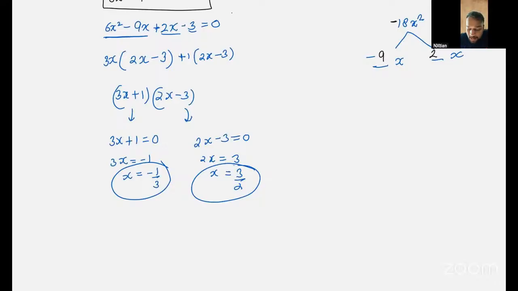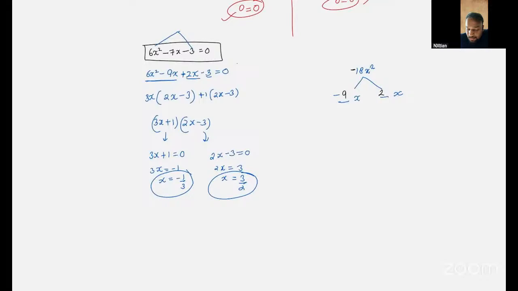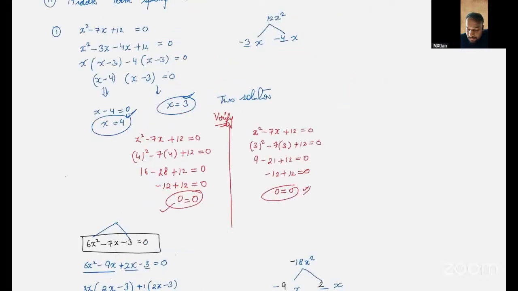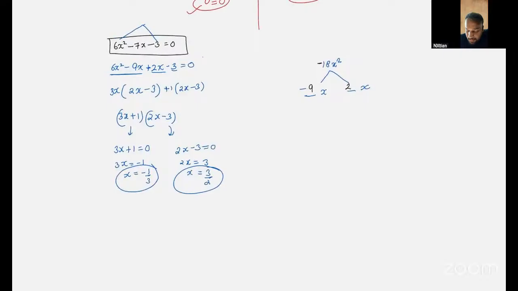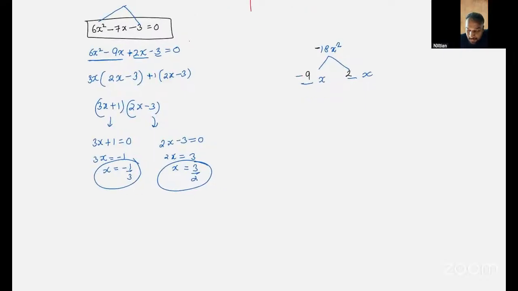Got it? Just a little bit confusing. The first step, which one? 3x in bracket 2x minus 3 plus 1 into 2x minus 3.